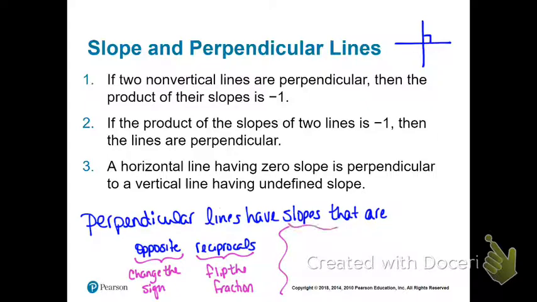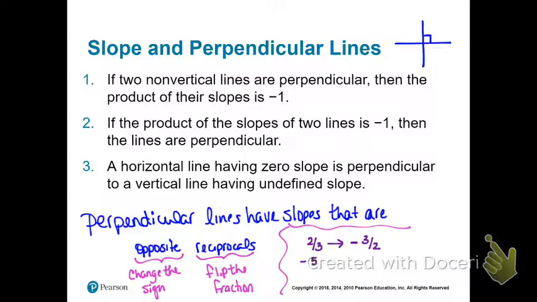So some examples. If my slope is 2/3, then the opposite reciprocal: change the sign, flip the fraction.